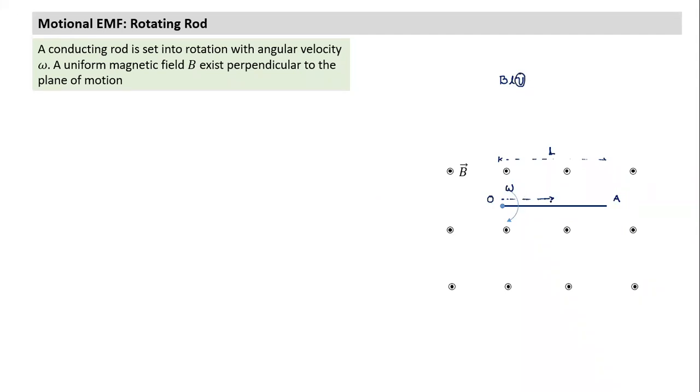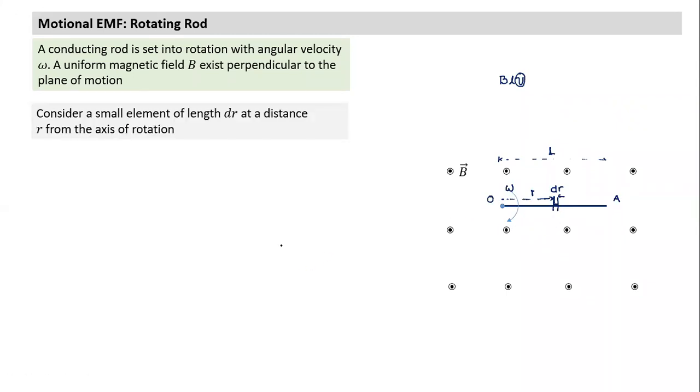Whenever something is varying, we can take a small element. We take a small element of length dr at a distance r from the axis of rotation. We'll calculate the EMF here, and all EMFs will add up because all are moving in the same sense. It will have velocity perpendicular to its length, a property of circular motion, and the velocity is r omega.